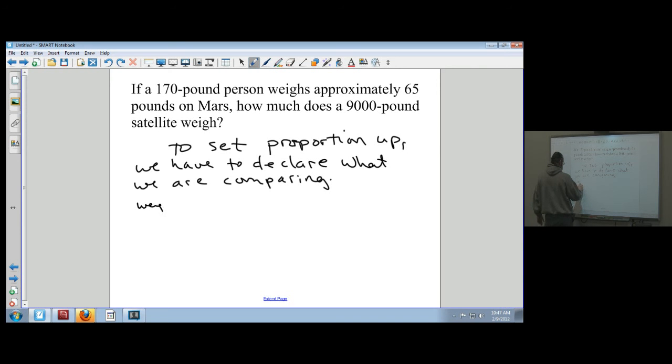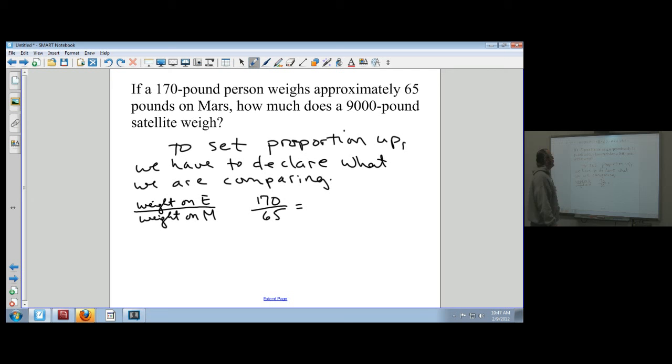So we've got weight on Earth compared to the weight on Mars. So a 170-pound person would weigh 65 pounds on Mars. Pounds over pounds, the pounds cancel. All right, good. But this is a proportion, ladies and gentlemen.